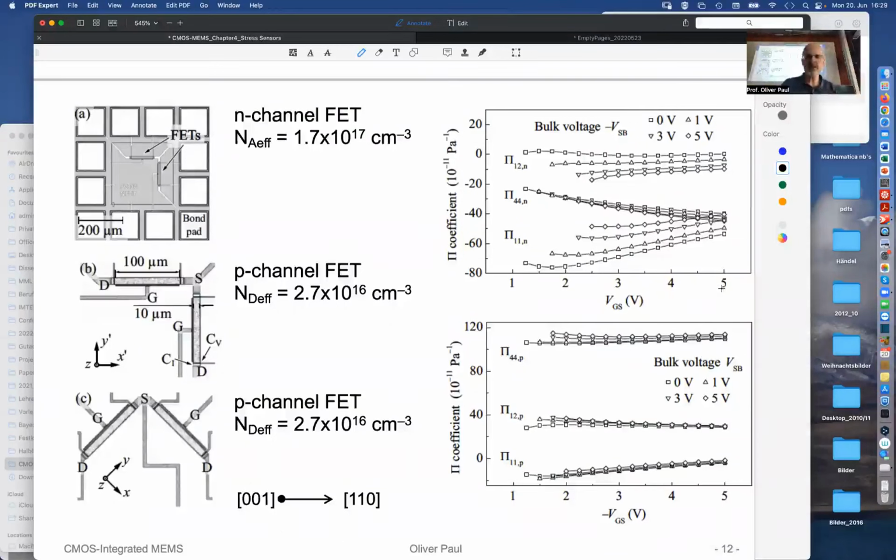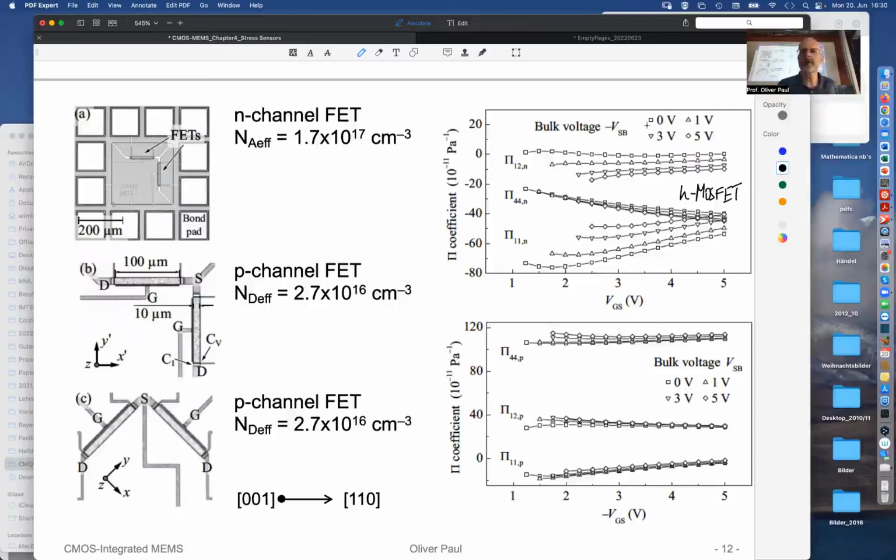So in the case of the N-channel device, the N MOSFET, pi11 looks quite large and negative, and pi12 doesn't look like 50, and pi44 doesn't look like something close to 0, first of all.